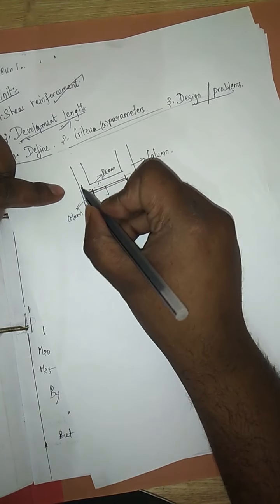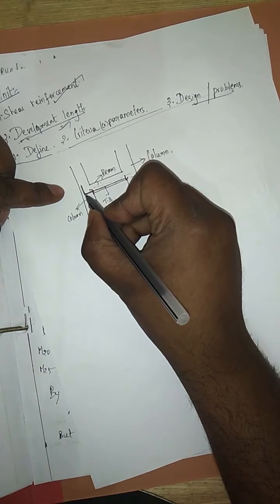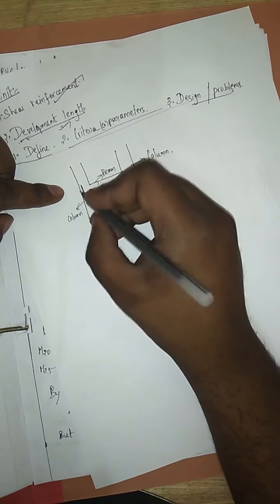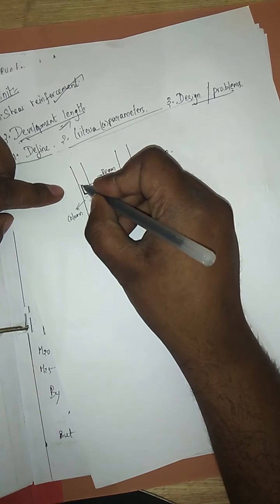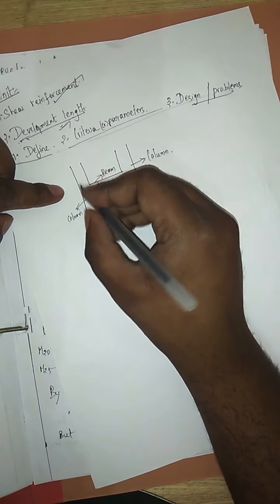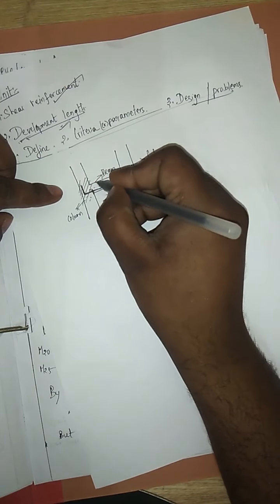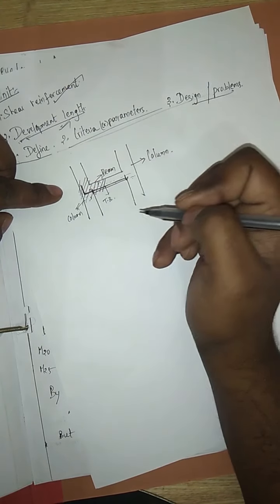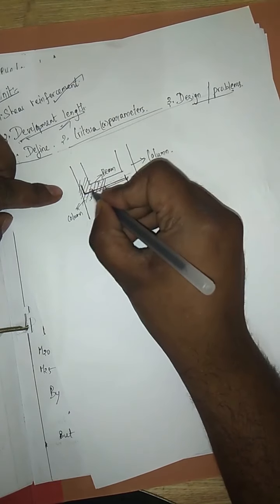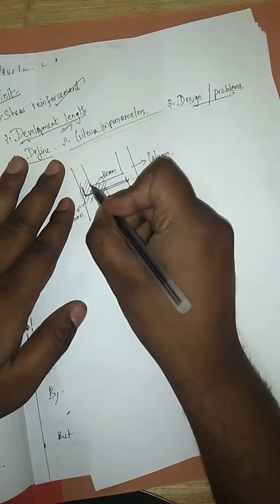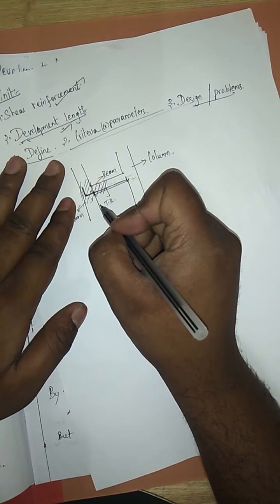Why do they embed the bar and fold it from the beam into the column? In order to have a strong bond between this member and that member. Understand? This bar will provide a strong bond, so there will be a strong bond between this beam and this column.